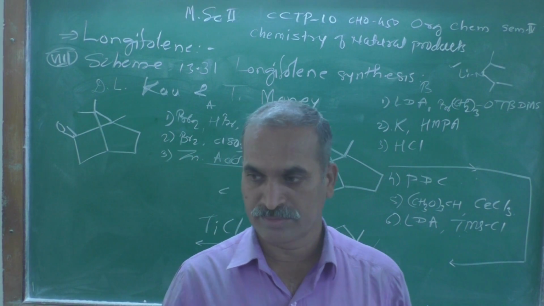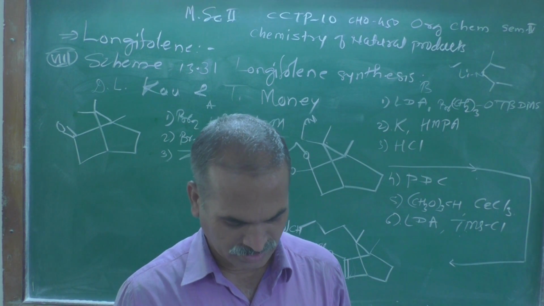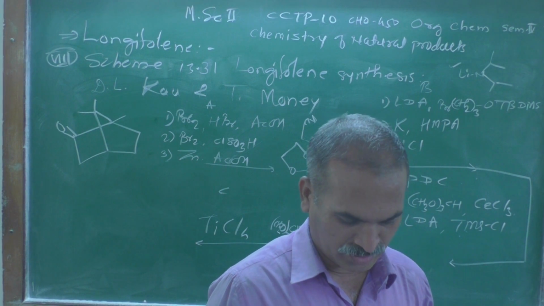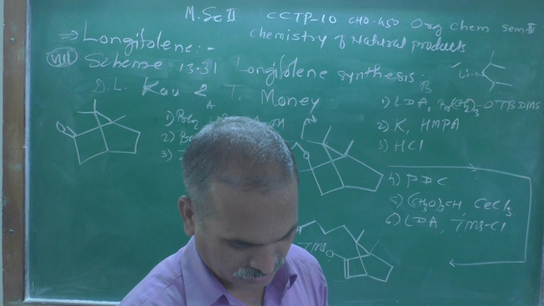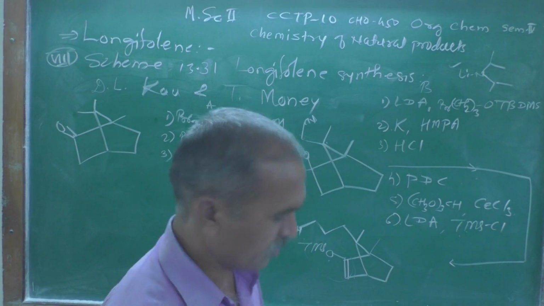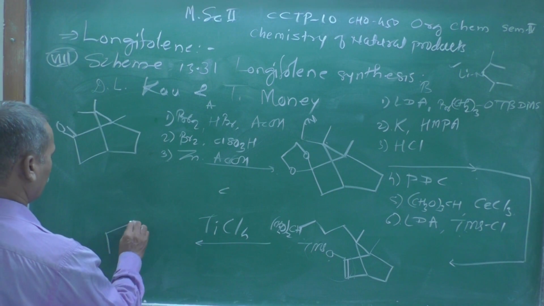Generally it is used in polymer synthesis. So by adding this TiCl4, a tricyclic ring will be formed, and you are going to get the compound here.